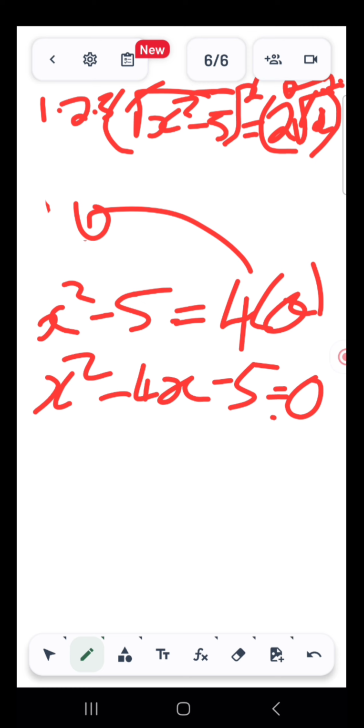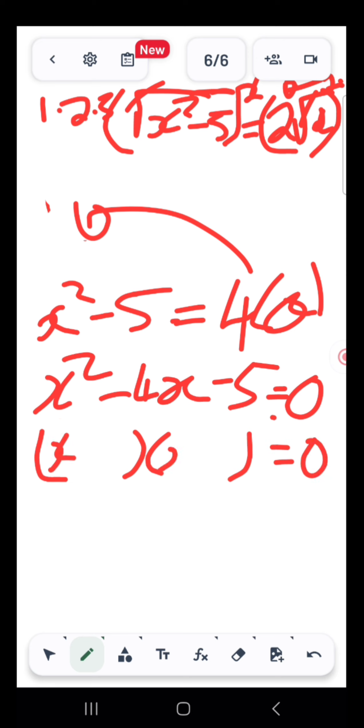When we factorize this, we open two brackets, trinomial, which is equal to 0, and we put x on this side and x on this side. Now we're looking for numbers that when we multiply give us 5, however when we subtract give us 4. It's 5 and 1. 5 times 1 is 5, 5 minus 1 is 4.